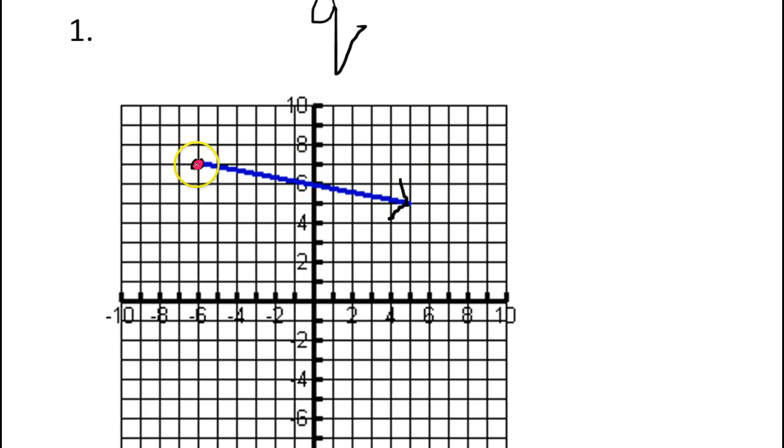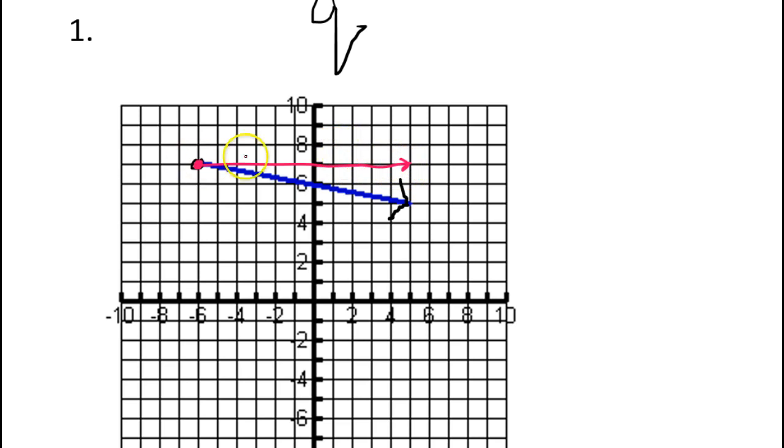So if I go from the starting point to the end of the vector, first of all, what is the change in x? In other words, as I travel horizontally, how many units do I move? So let's see, that is 1, 2, 3, 4, 5, 6, 7, 8, 9, 10, 11.